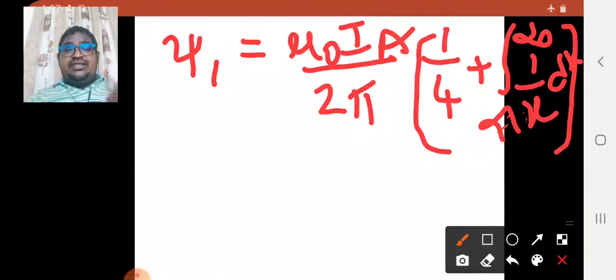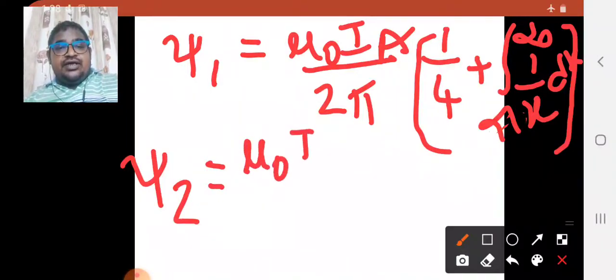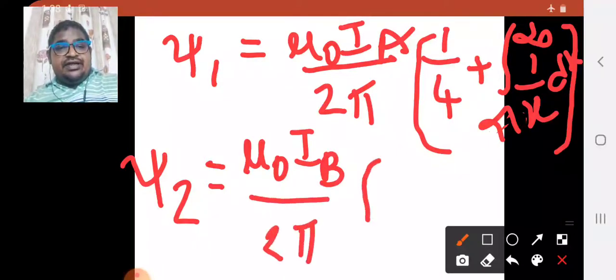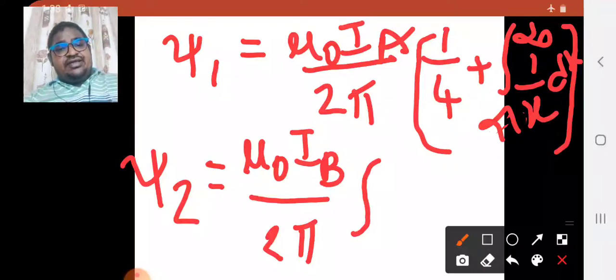due to IB it is completely mutual flux. So let psi 2 be equal to mu naught IB divided by 2 pi integral. What is the distance between B and A? B and A distance is D1. Hence I have taken D1 to infinity.